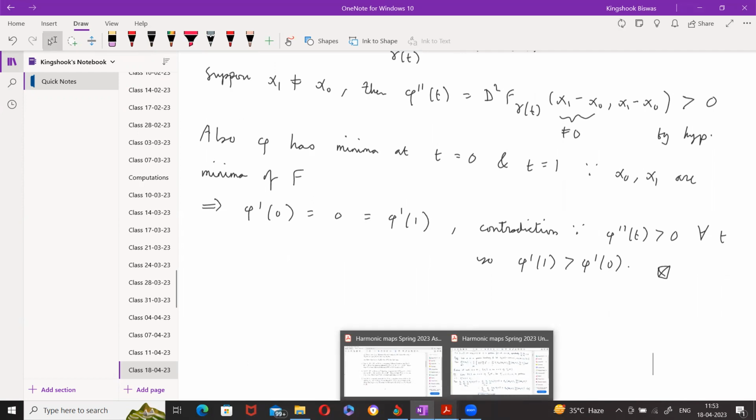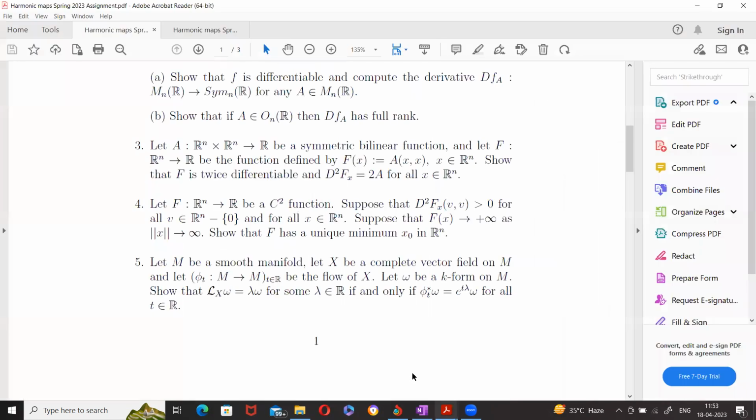Yes, sir. Okay. So we have a smooth manifold, we have a complete vector field, and phi t is the flow, and omega is a k form. This is easy. We have to show Lx omega is lambda omega for some constant lambda, if and only if phi t star omega is e to the t lambda omega, right?